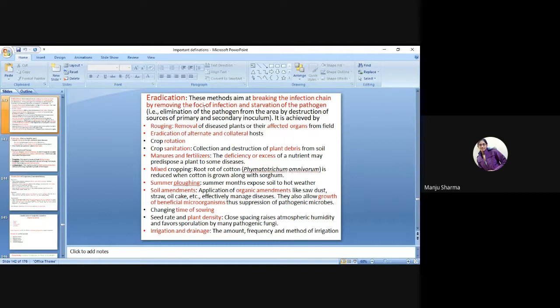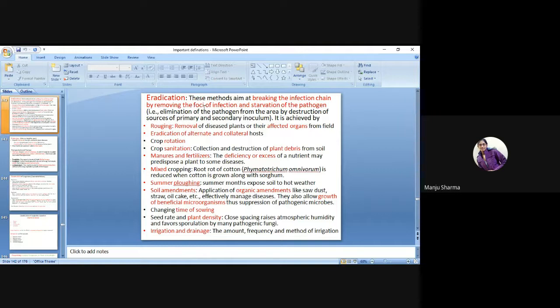So, the deficiency or excess of a nutrient may predispose a plant to some diseases. Mixed cropping, root rot of cotton, that is Phymatotrichum omnivorum, is reduced when cotton is grown along with sorghum. Summer ploughing, summer months expose soil to hot weather.